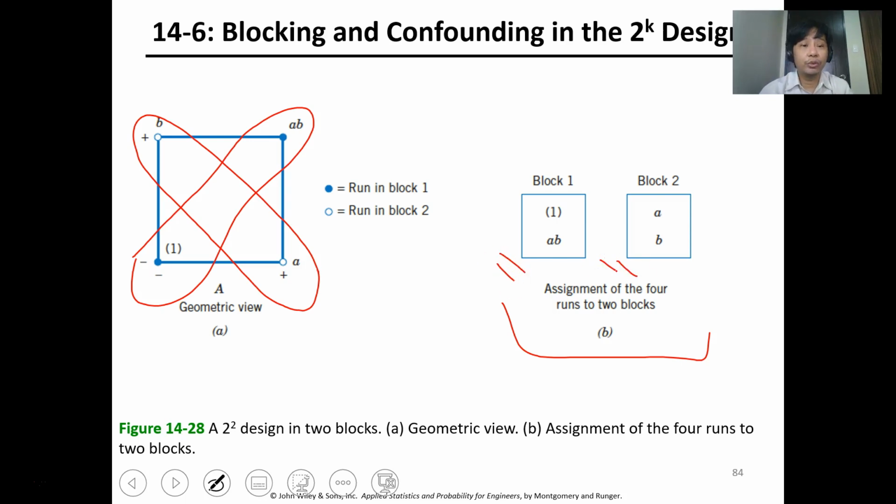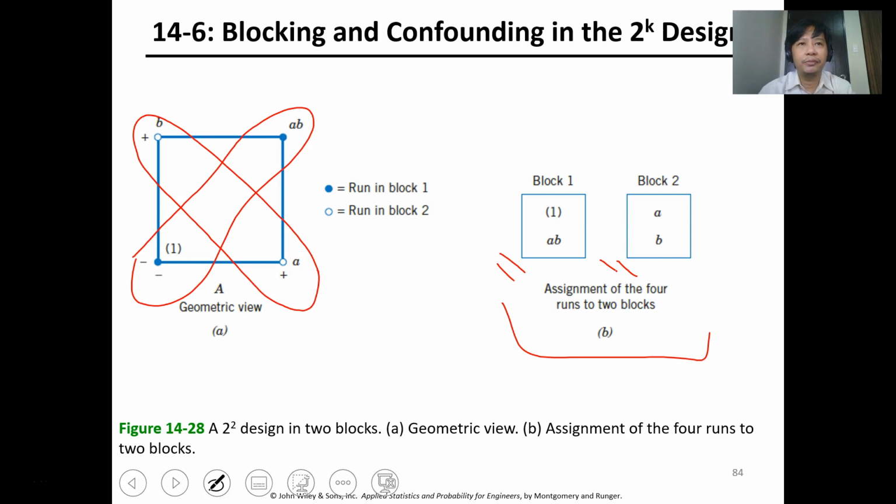So for this one, let's say you have two equipment to apply the system to.